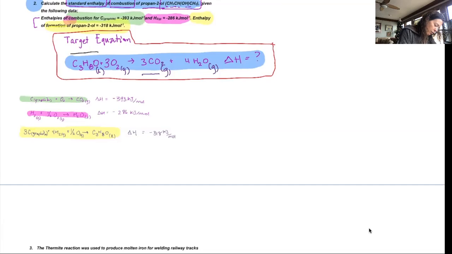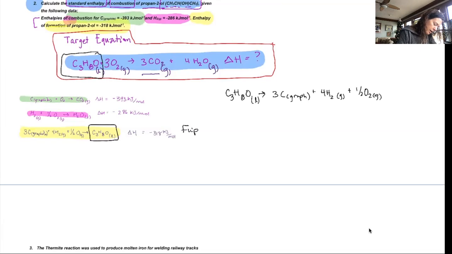We need to have 1 propan-2-ol molecule reacting. And right here, I have a propan-2-ol. I am going to flip this. So I will write C3H8O yields 3C graphite plus 4H2 gas plus 1/2 O2 gas.